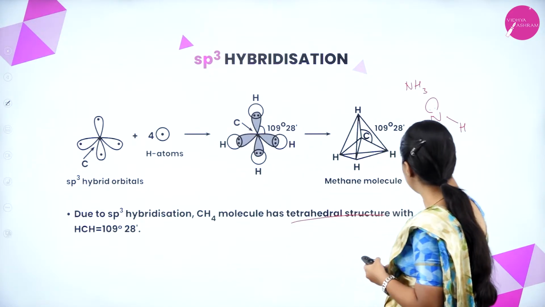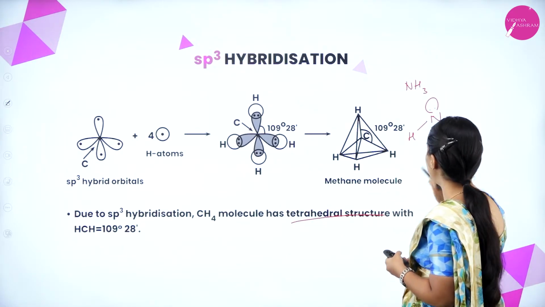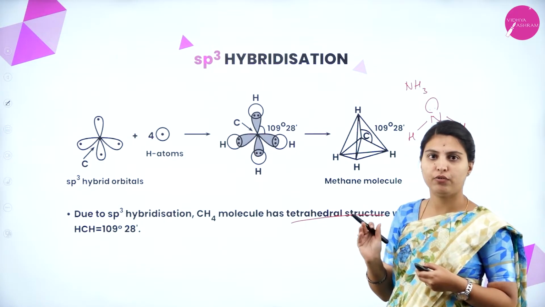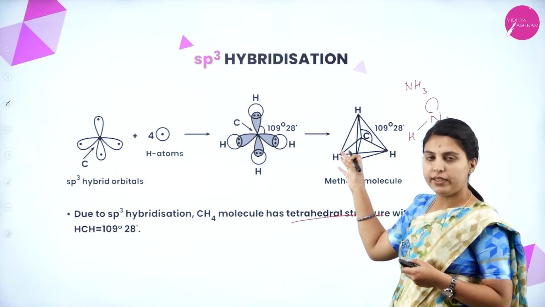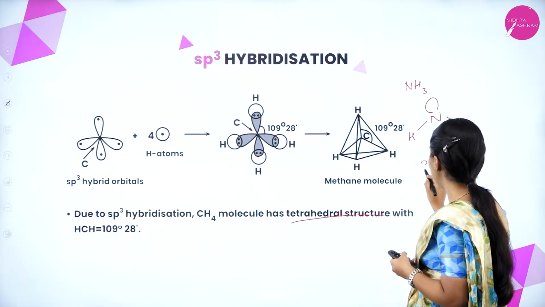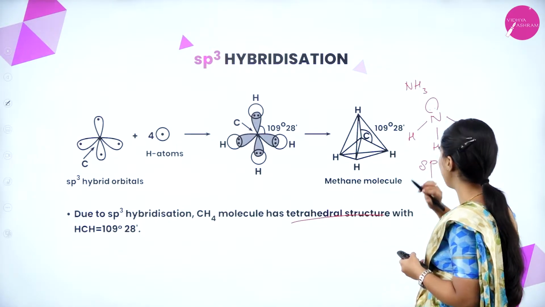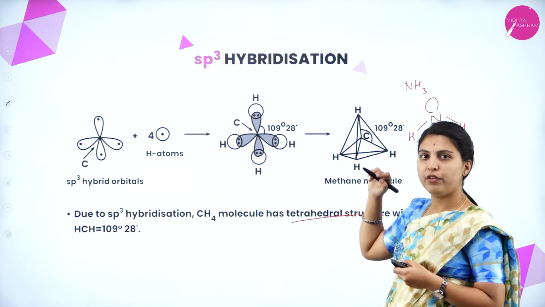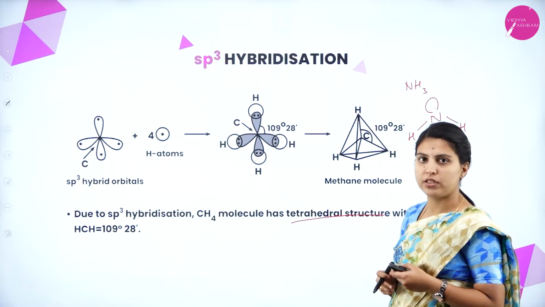Otherwise it should form a tetrahedron structure, since it has sp3 hybridization only, but due to the lone pair of electrons present, it will form a trigonal pyramidal structure.